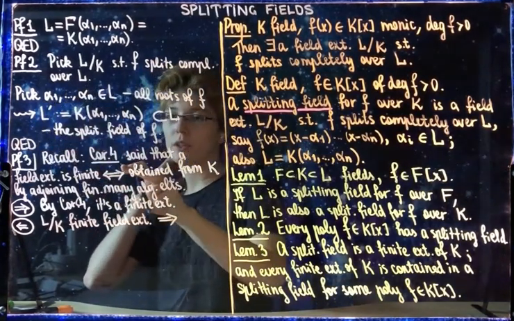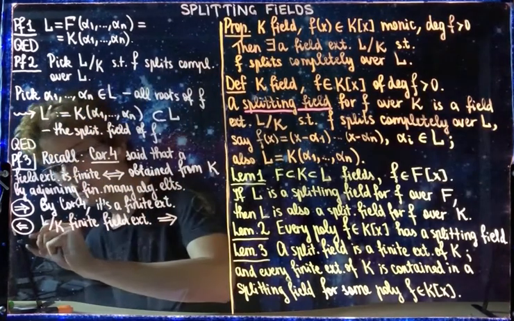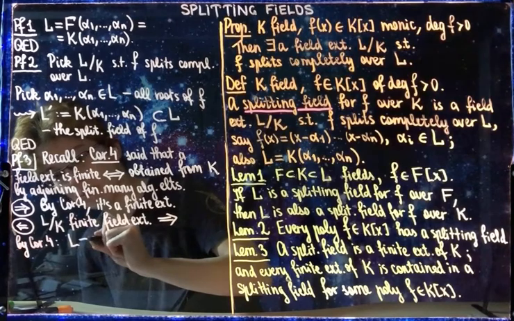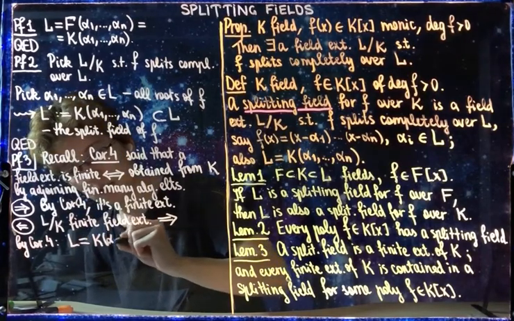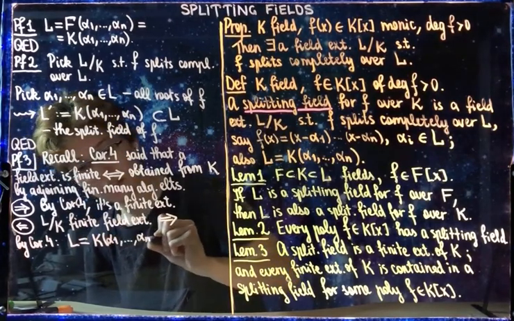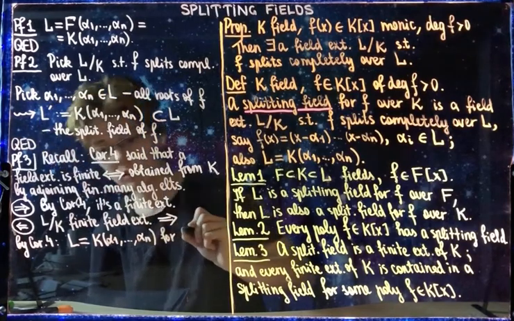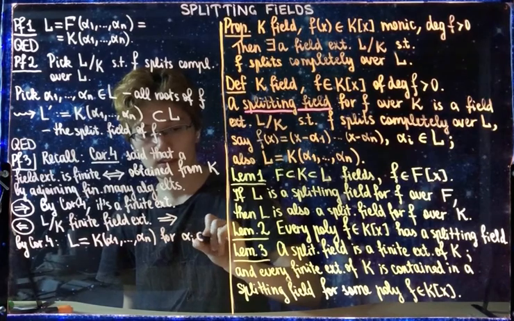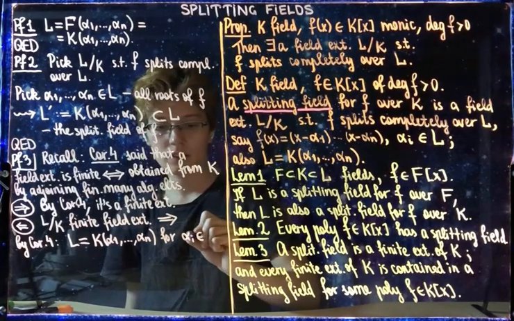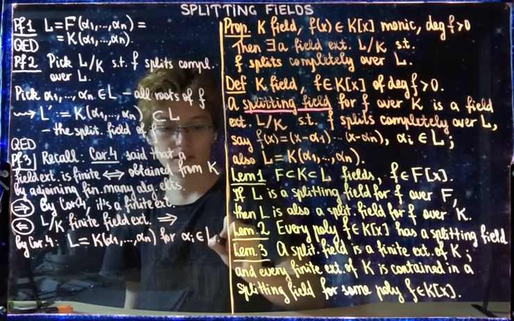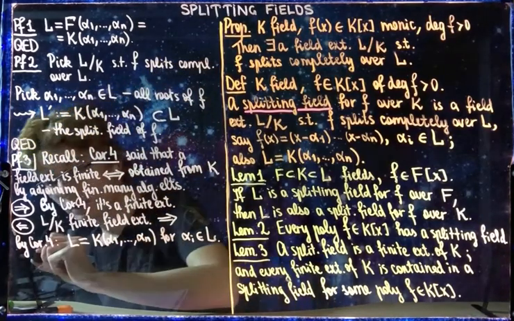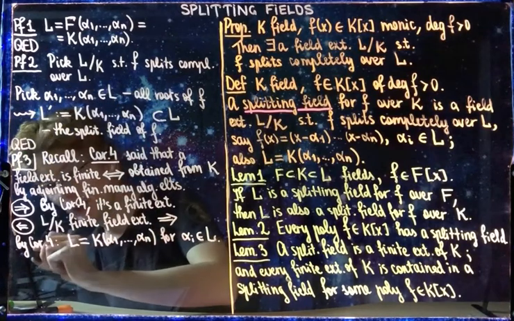Again, by corollary 4, L is equal to K adjoin alpha 1 through alpha n for some algebraic elements alpha i in L. Then we can consider the product of all the minimal polynomials.